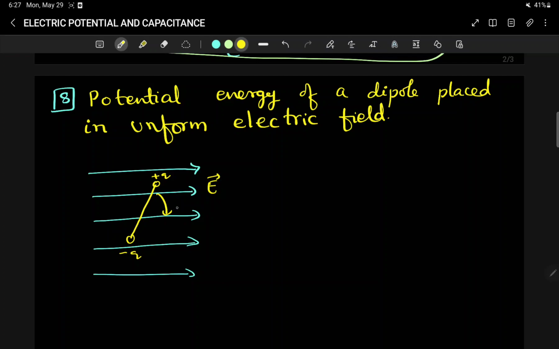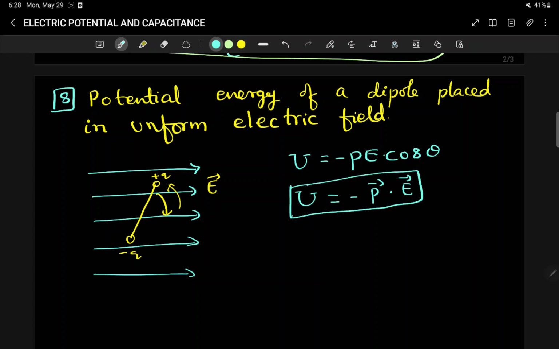So if you do some work against it to move in the opposite direction, that work done is stored as potential energy. So after calculation you will get a formula like this, that is minus P sin theta. Okay? No, sorry, sin theta means cross product, so cos theta will come. So in vector form, potential energy is written as minus P dot E. Okay, U is a scalar quantity, potential energy is a scalar quantity.